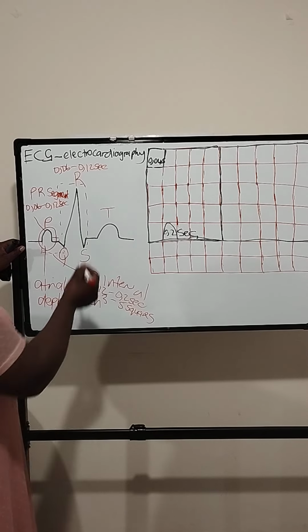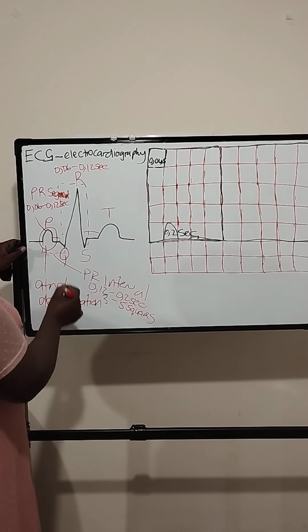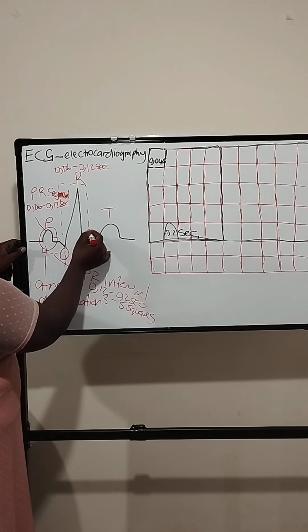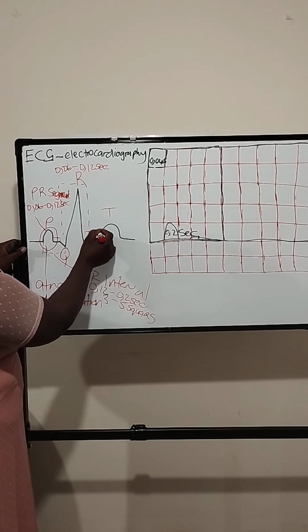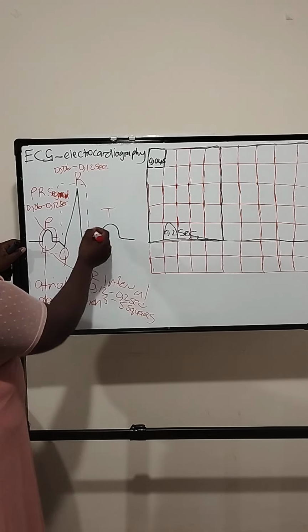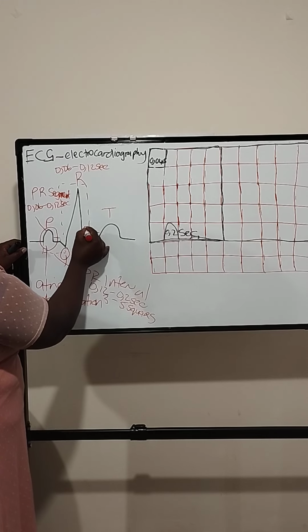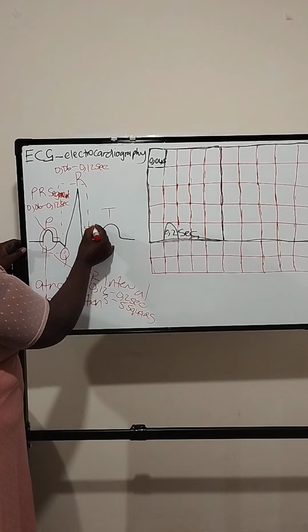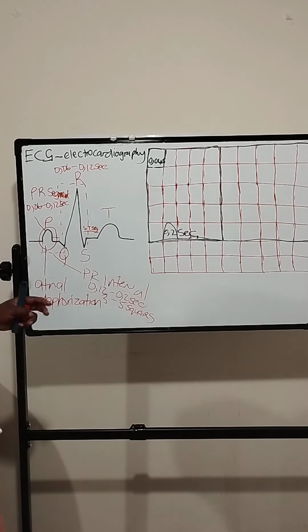And we also have our ST segment, which is from the end of ventricular depolarization to the beginning of ventricular repolarization, or beginning of the T wave. Under normal circumstances, it's just an isoelectric line.